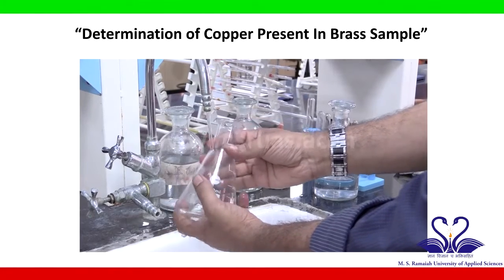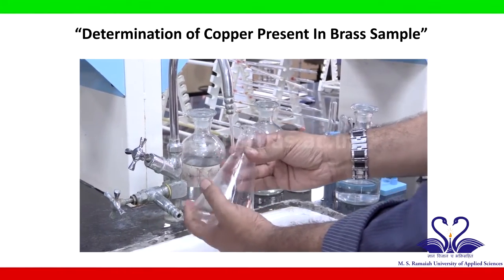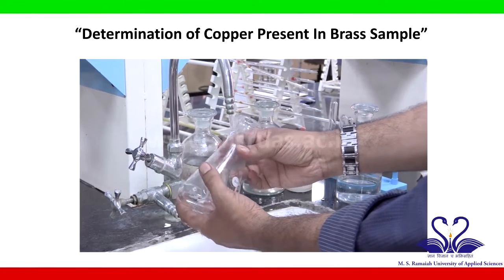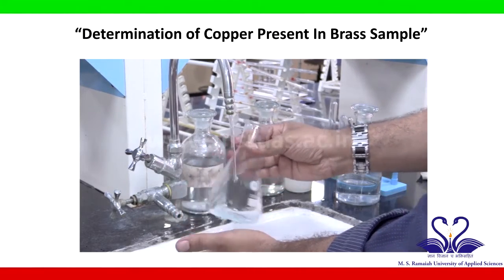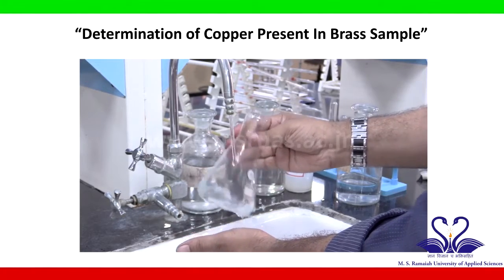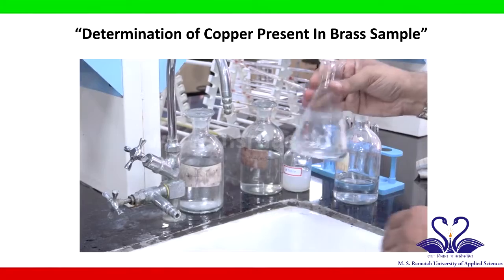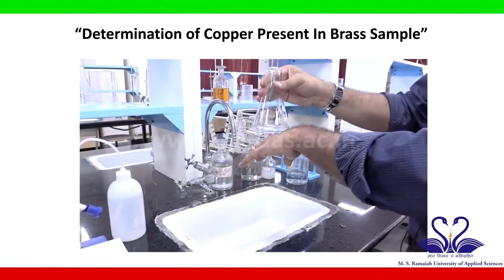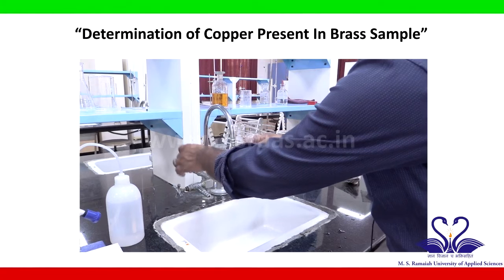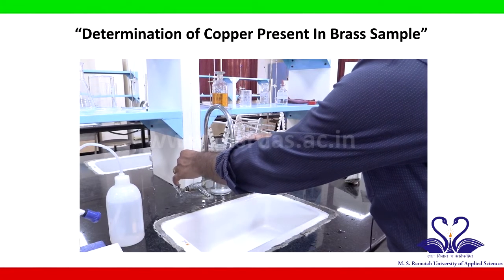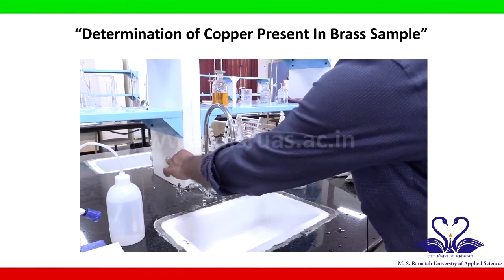Cool it thoroughly, otherwise the next reactions will not happen properly. You have to cool it to room temperature. Usually we can feel it by touching from this side. Yeah, it's almost cooled. If it is not cooled, swirl it for 2-4 minutes and it will cool down completely.